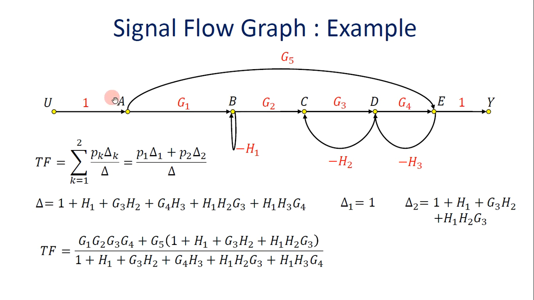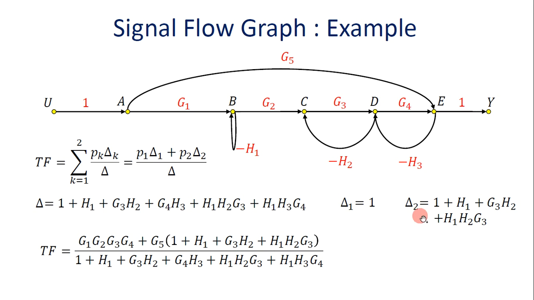Because this forward path is touching loop 1, loop 2 and loop 3. We should not take the loops which are touching this first forward path. H1 is touching, G3 H2 is touching, and G4 H3 is also touching the first forward path. That is the reason we didn't consider them, so delta 1 is equal to 1.